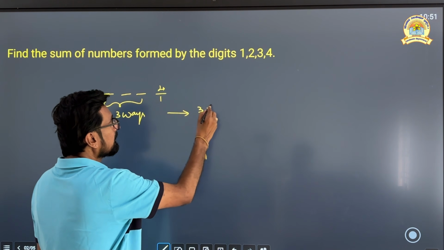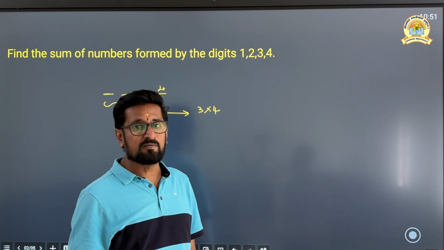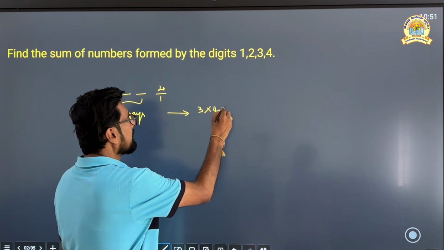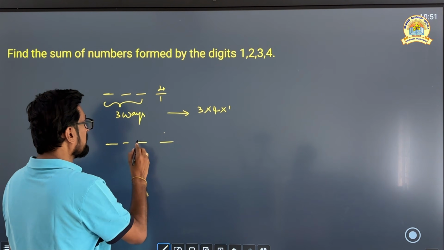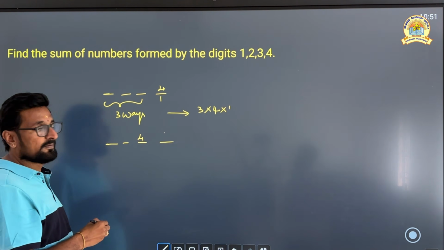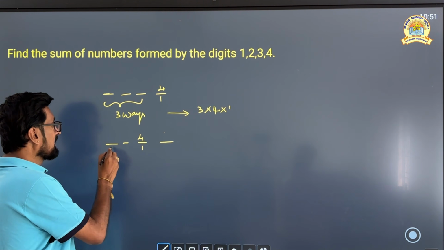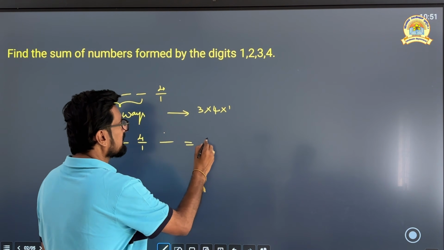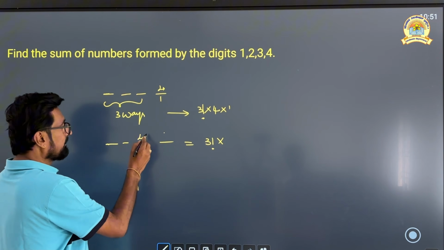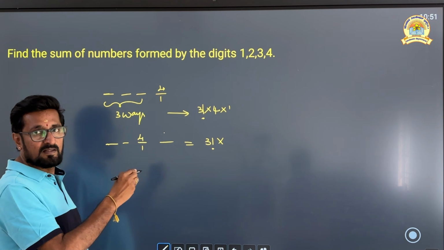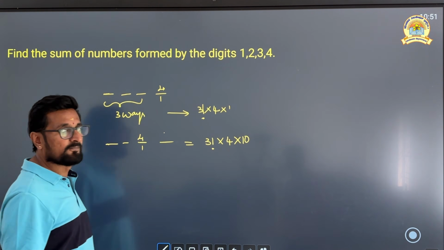So 3 factorial into 4, the place value of 4 in the units place is 4 itself, so into 1. Similarly, if 4 is in the tens place, this can be arranged in one way. Remaining 3 places can be arranged in 3 factorial ways into the place value of 4 in the tens place, which is 40. So I can write this as 4 into 10.